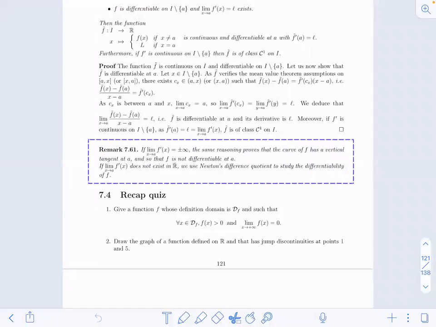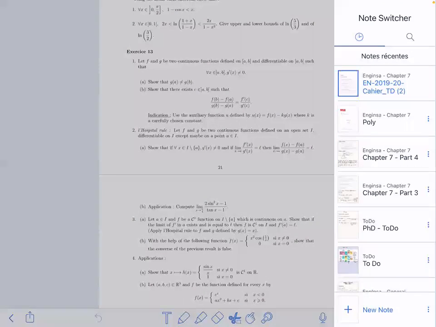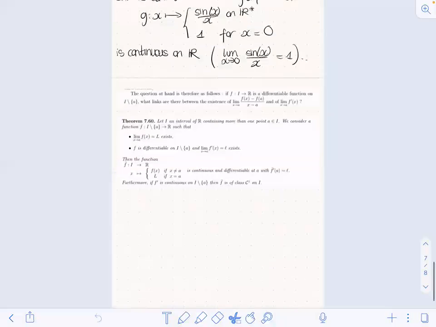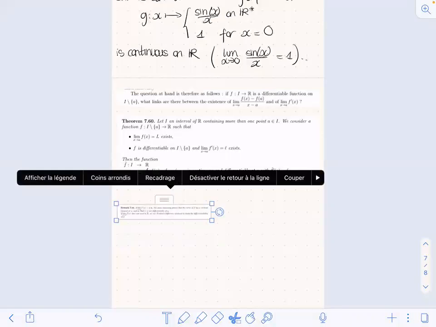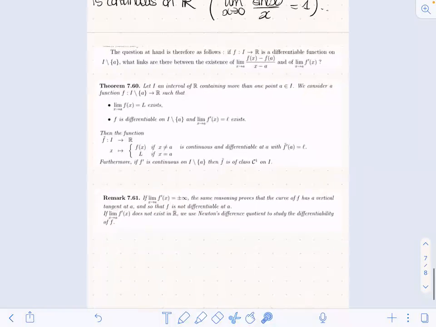One thing that we saw yesterday, for one of the inverse functions, is that if you have the limit of your derivative equal to plus or minus infinity, then you've got a vertical tangent. So your function is not differentiable at a. And if the limit doesn't exist on R, you can use a difference quotient to study the differentiability of f. But that finishes the theory on chapter 7.